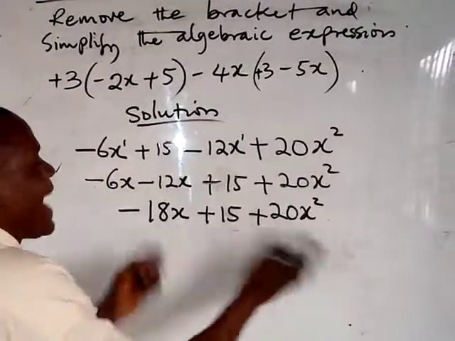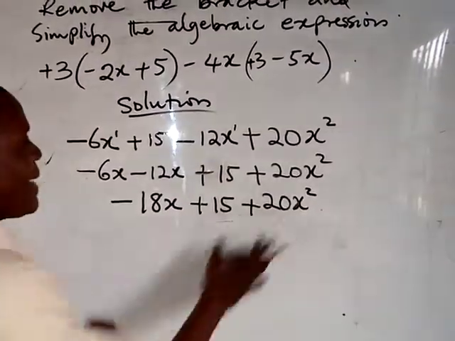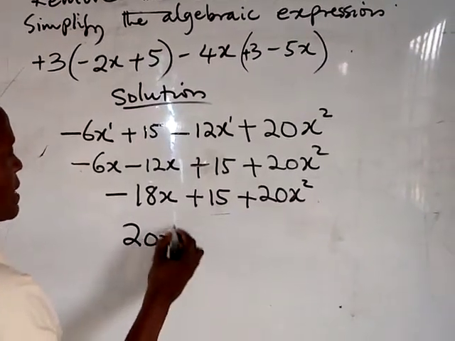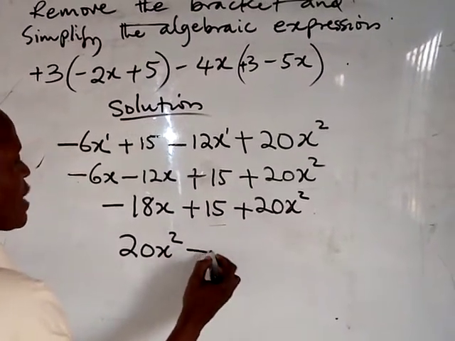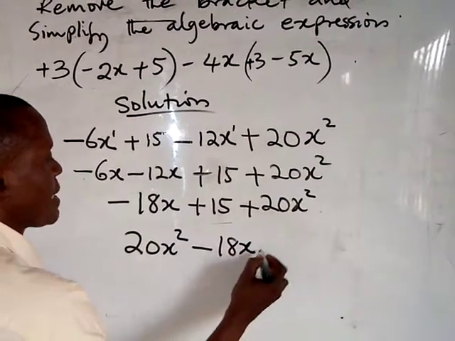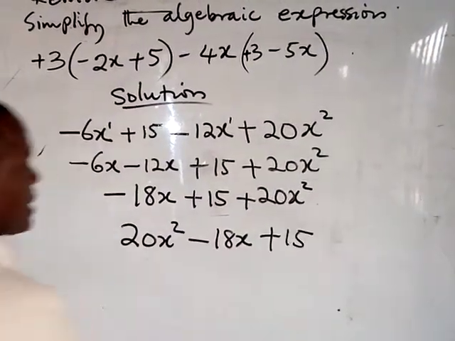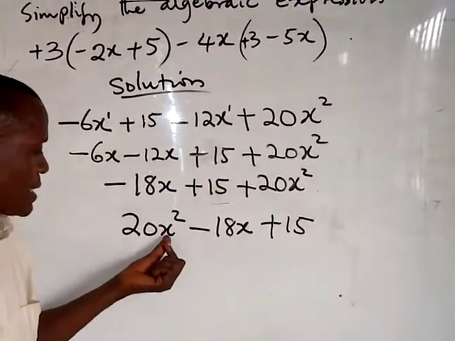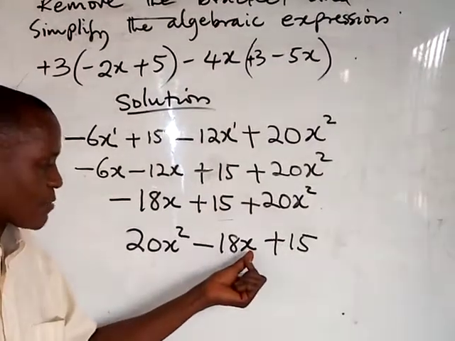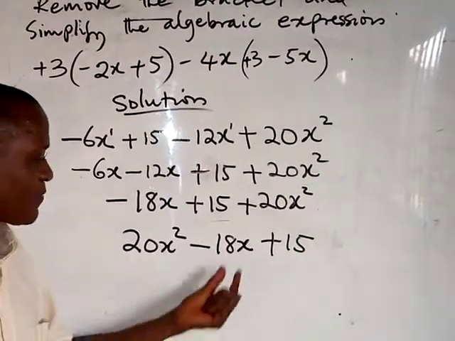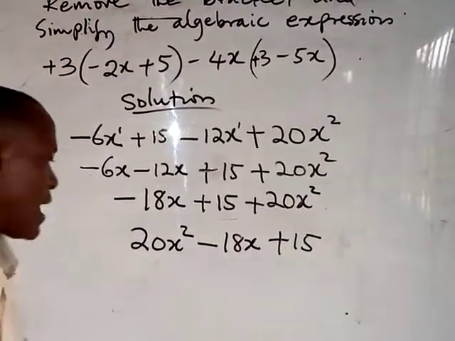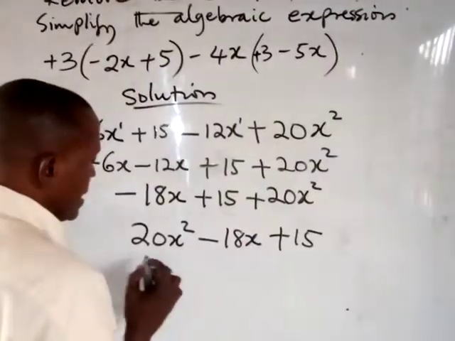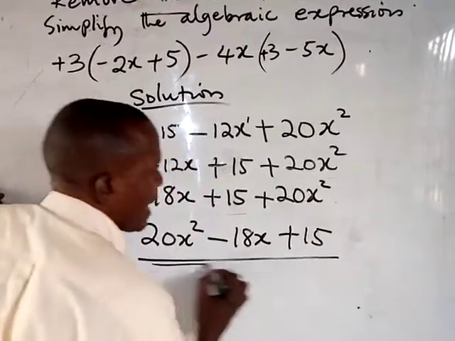So the arrangement does not matter. By this, I can rearrange it as 20x squared minus 18x plus 20. Now observe. I know that this one is of x variable and this also is of x variable, but they are of different degrees, so you can't add them together. Therefore, this is my final answer.